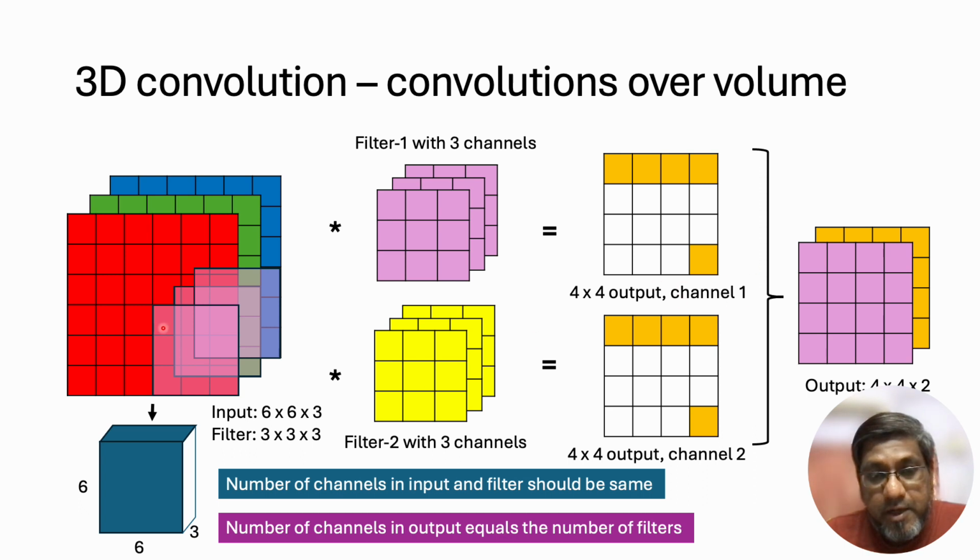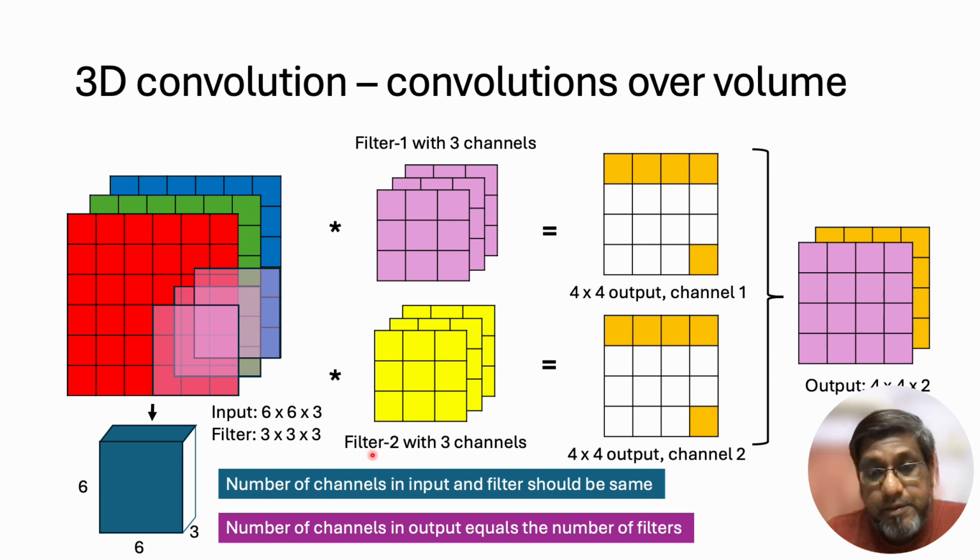Similarly, when we perform a convolution between the input image and a second filter of the same size and the same number of channels as the input, that produces another output with a dimension of 4 by 4 as before, and this output constitutes the second channel of the output. In this way we can have a third filter and a fourth filter and so on.